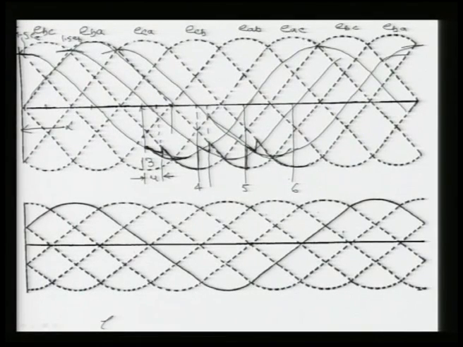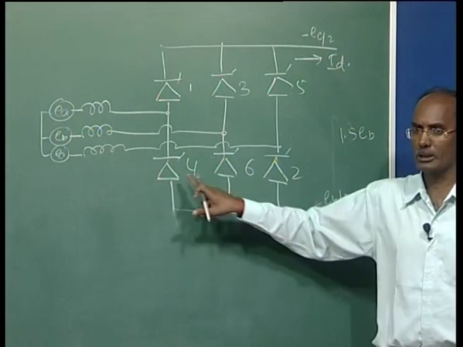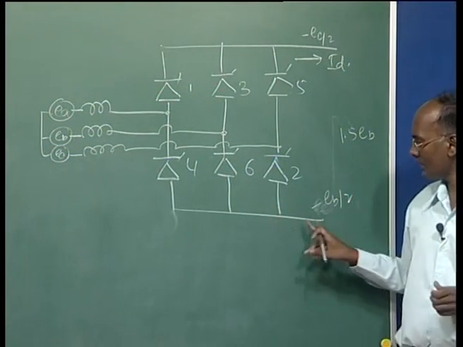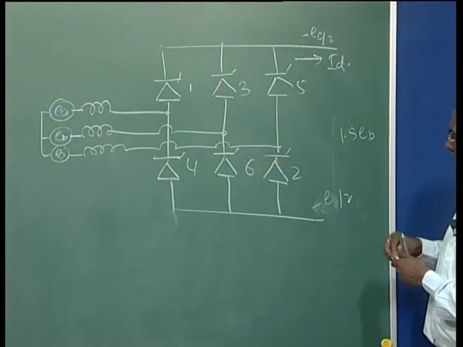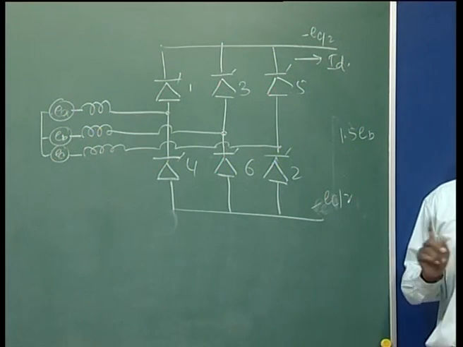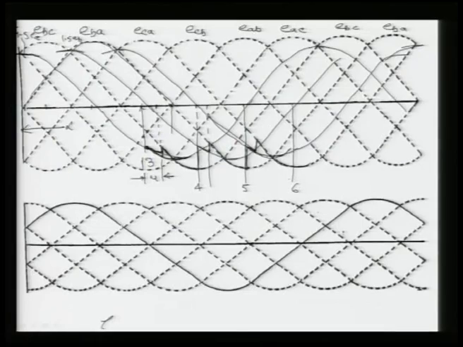Now, 6 is given the pulse, 4 was there, that means commutation between these two will occur. So, it is A and B. So, minus E C here, and it was your 5. So, 1.5 E C, and 1.5 E C will be here, E C, and this is coming all the way here.